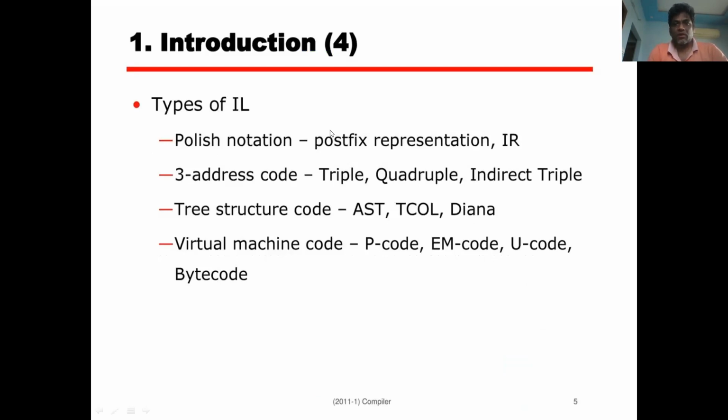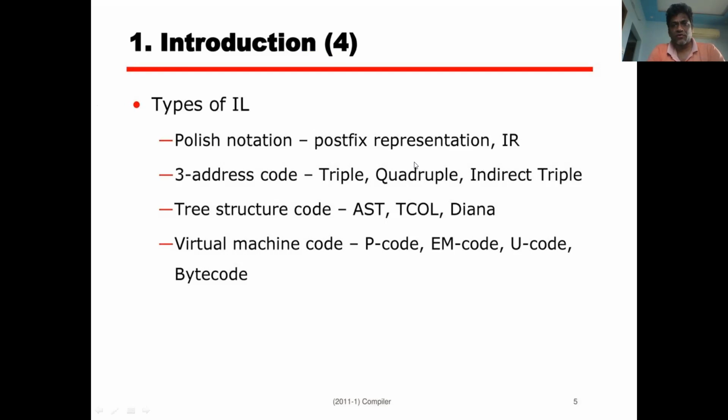If you look at the types of intermediate languages, there are actually many, but in our syllabus we are going to learn about a few types of intermediate code generation techniques. The first one is polish notation, which is also known as postfix representation and reverse polish notation, and other forms are there.